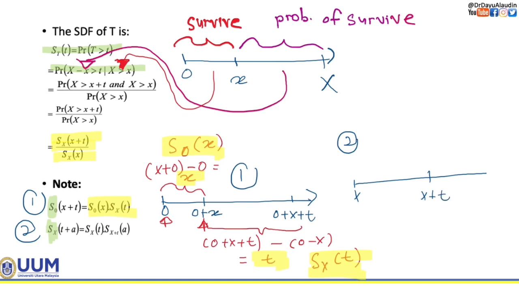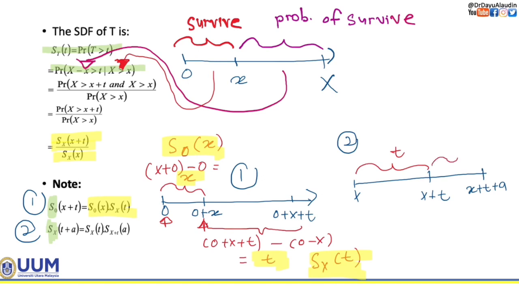So the period here is x plus t minus x, which becomes t, and at the end is x plus t plus a.